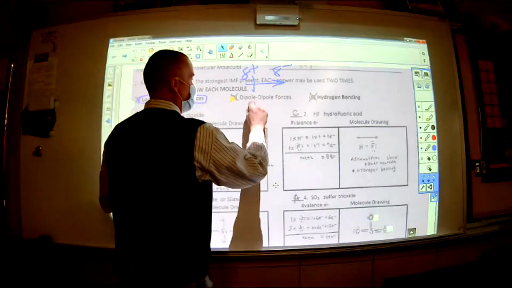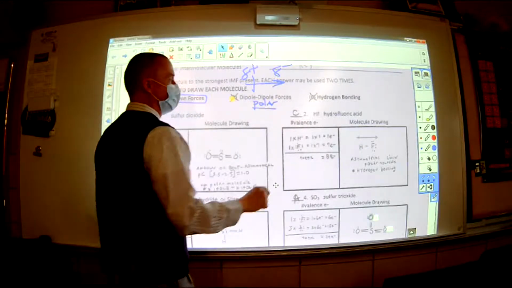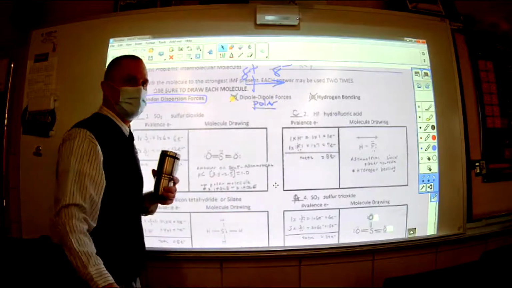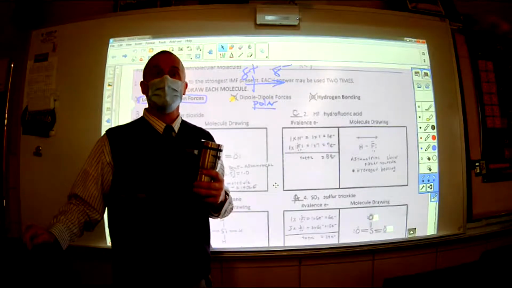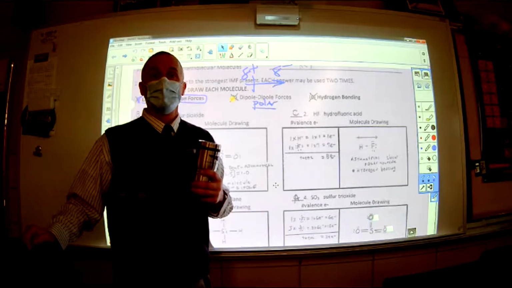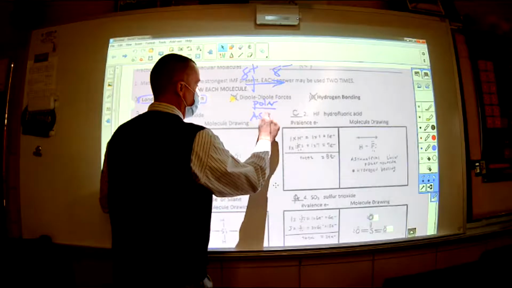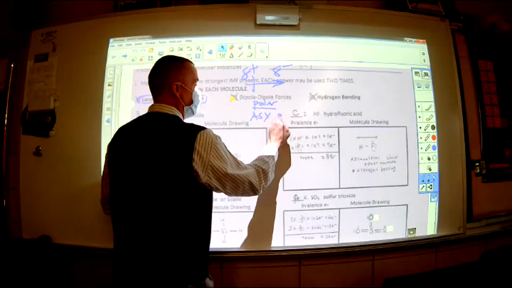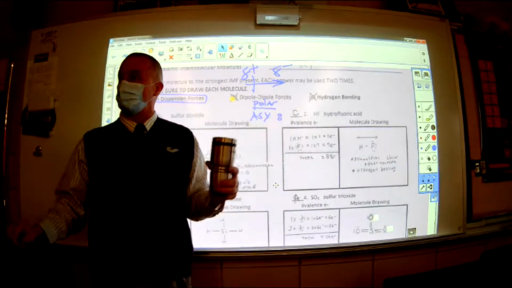Dipole-dipole are polar molecules. To be a polar molecule and have this net dipole, two conditions must be met. It must be asymmetrically shaped. In other words, a lone pair of electrons on the central atom that will bend the molecule so it's no longer symmetrical.